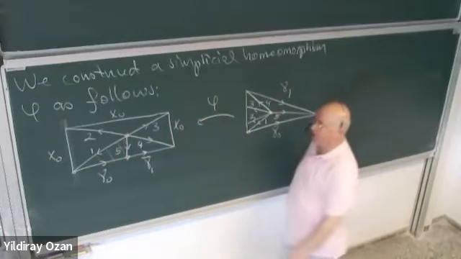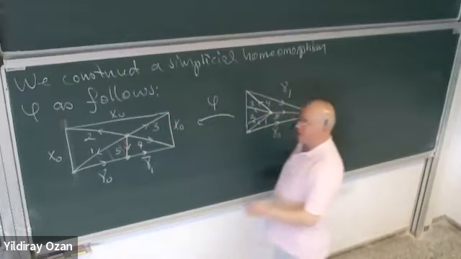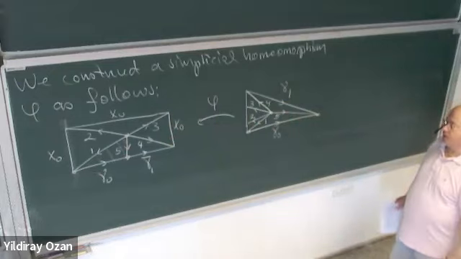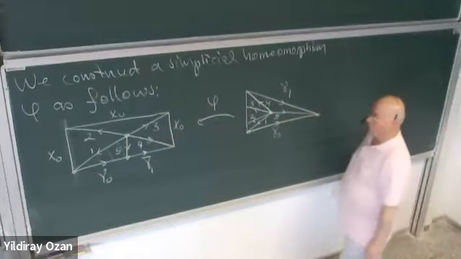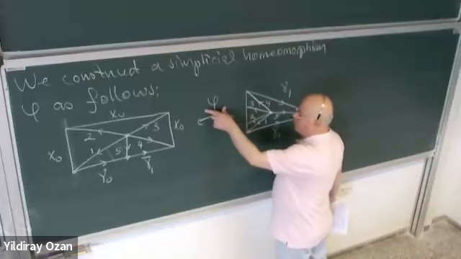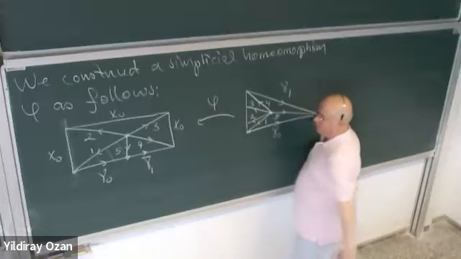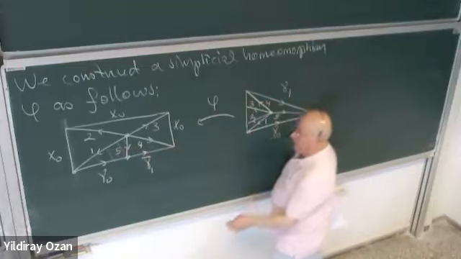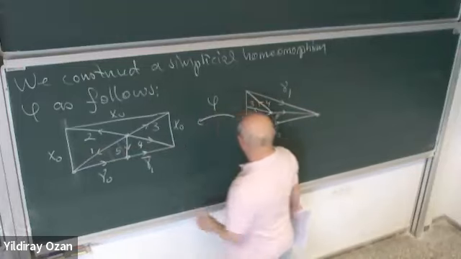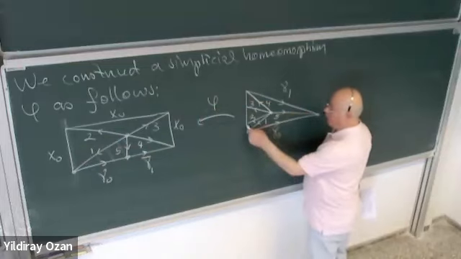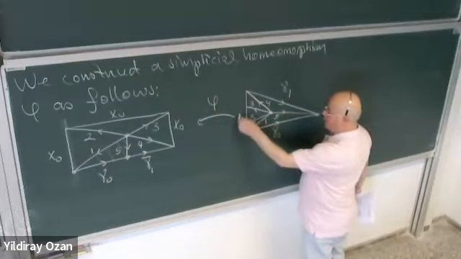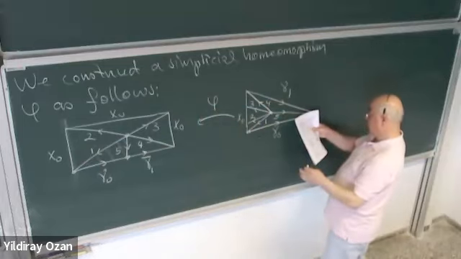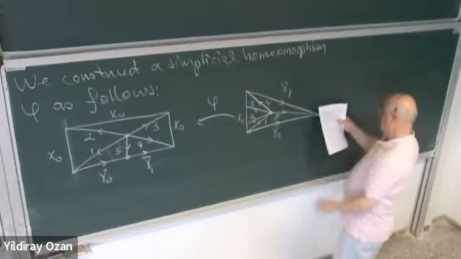Once you specify the images of these corners, then the map will be defined linearly. So this will be a piecewise linear map, okay? It will map this triangle to this triangle, and then the triangle 1 to x0. So this side will be mapped to x0, all of it. And yeah, okay.